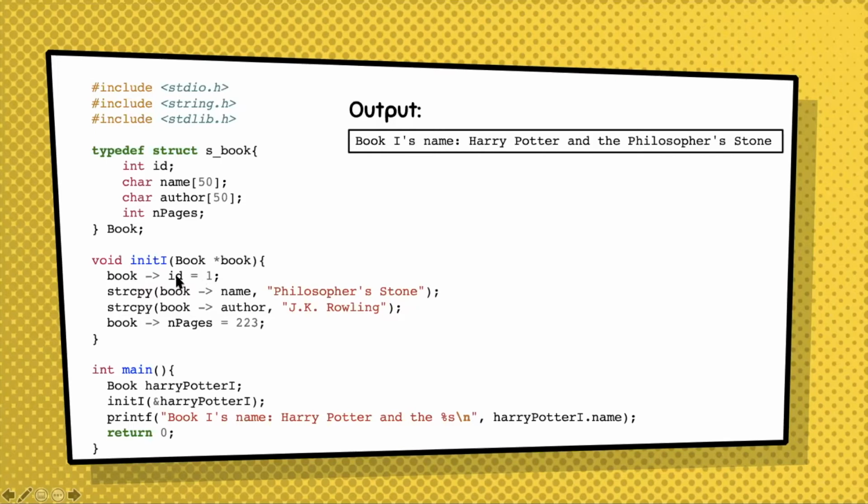It set up those contents such as the ID, the name, the author, the pages, etc. And then once this returns, the main function calls printf, right? It has a format string, and it has Harry Potter 1 name as the argument passed into the format string. That's the reason why you will be able to get book one's name, Harry Potter, and then the name, which is Philosopher's Stone.